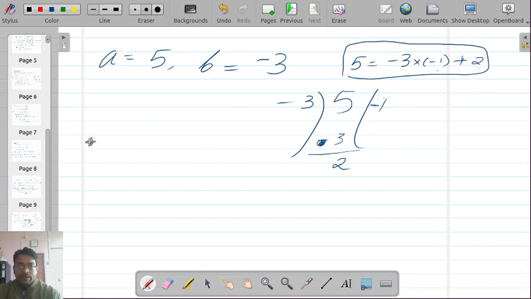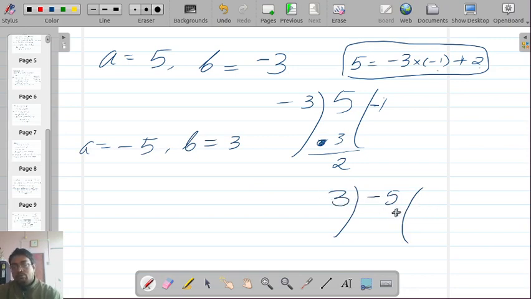Similarly, if I take a equal to minus 5 and b equal to 3, what will be the quotient and remainder? The remainder has to be non-negative. It may be 0 also, no problem.